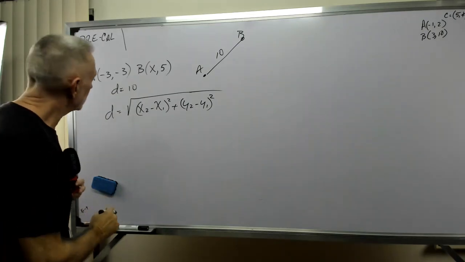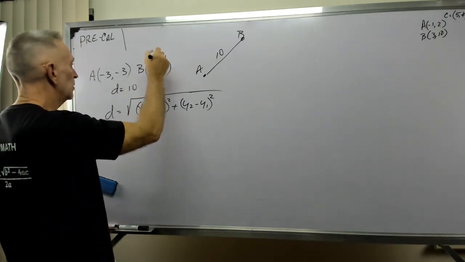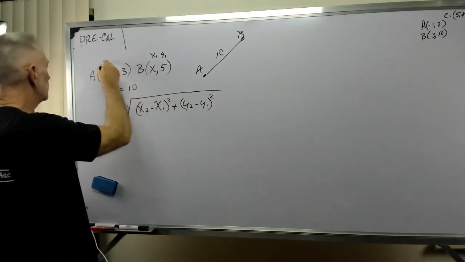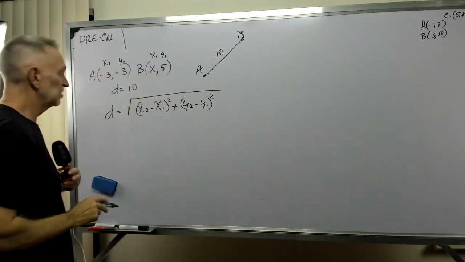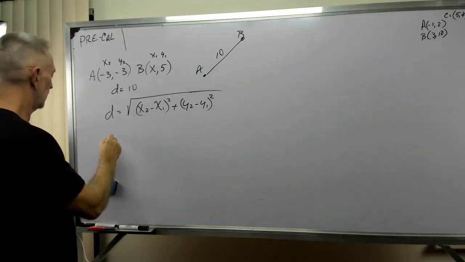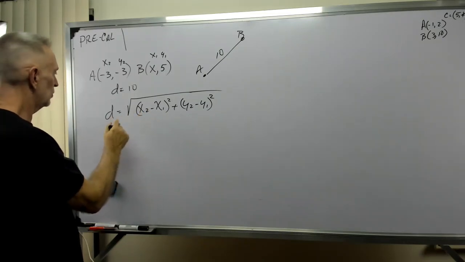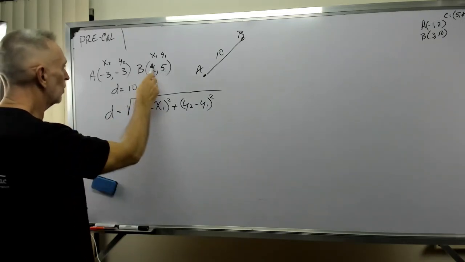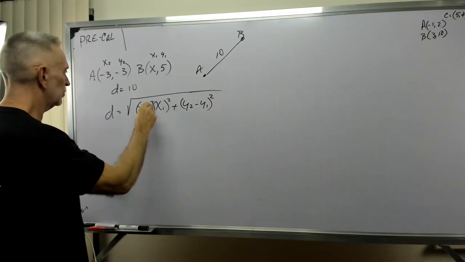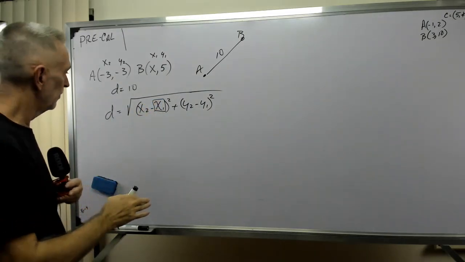Why don't we let this be x sub 1, y sub 1, x sub 2, y sub 2. Before I put those in there, let me just go through and solve for x sub 1. So this would be our value we're trying to solve for.